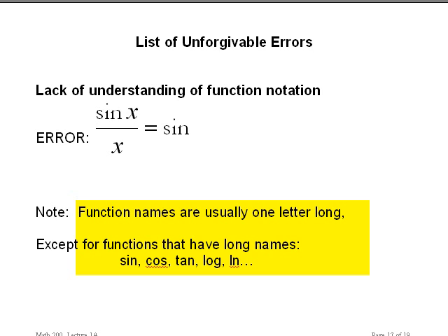They could have just as well been written with the letter f. Then what comes after them is really in parentheses. But a lot of times we don't write the parentheses. We write sine x. But the x is really the argument of sine. So you cannot cancel those x's. And the problem here isn't necessarily the canceling as much as not understanding that sine is a long name for a function.